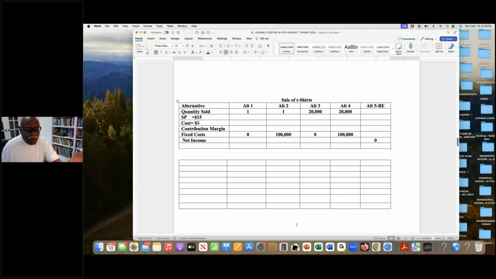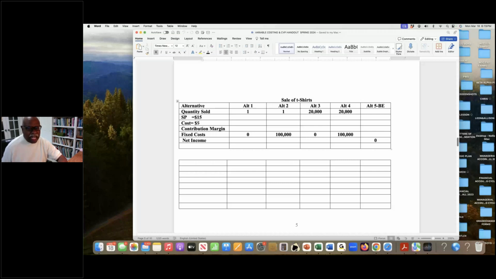So if we sold one item, we would receive $15. Our cost would be $5. And so selling price minus the product cost gives us a contribution margin of 10. And if we had no fixed costs, we'd have $10 in net income.